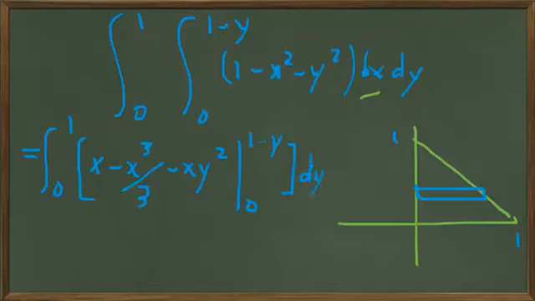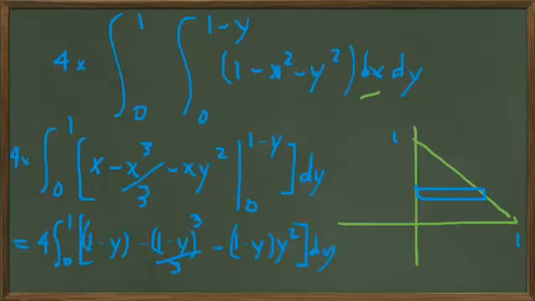So if we plug in 1 minus y and 0, here's what we get. We're going to be able to integrate this term and this term as is, but here we want to multiply out to get minus y squared and plus y cubed.